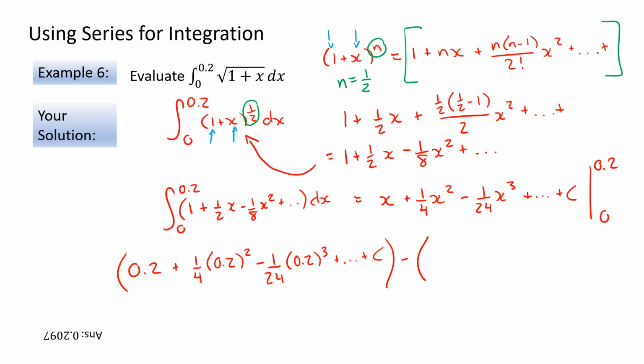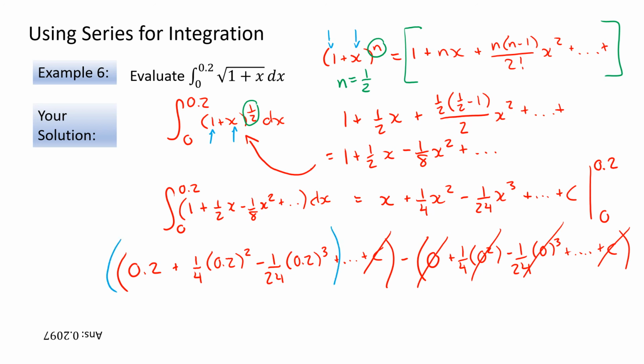So the first term, x, just is 0, plus 1 over 4 times 0 squared, minus 1 over 24 times 0 cubed, plus the remaining terms and a constant. So all of these 0 terms will go away. A constant minus a constant is simply 0.